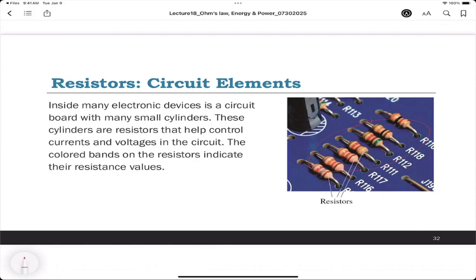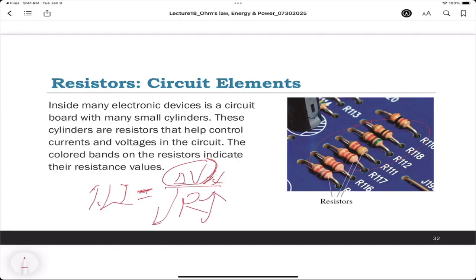Because you can see here I equals delta V over R, if the potential difference is fixed and you want a smaller current, you just make the resistance bigger. If you want the current bigger, you just make the resistance smaller. It's the same thing for the potential difference, like the voltages.